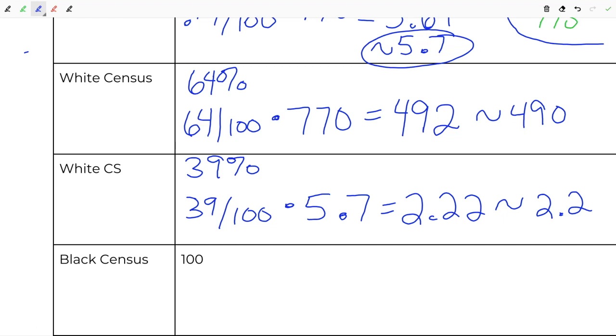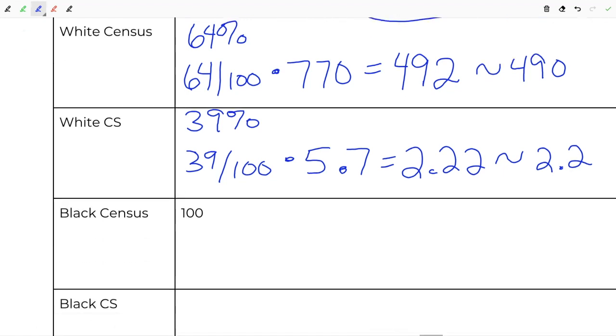So that's the number of people in our little partitioned out area on our lawn that are white and in the criminal justice system.